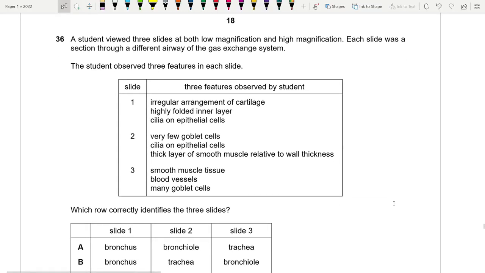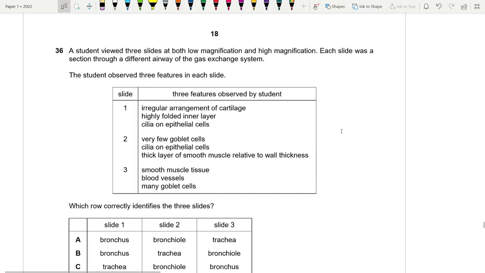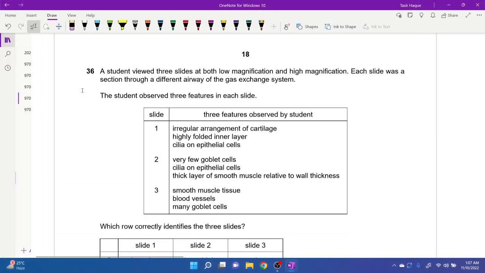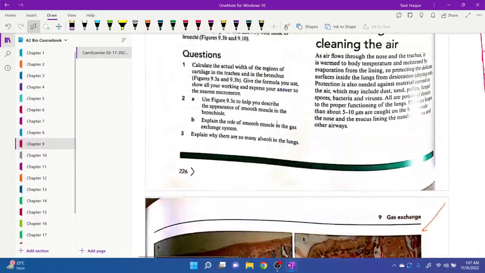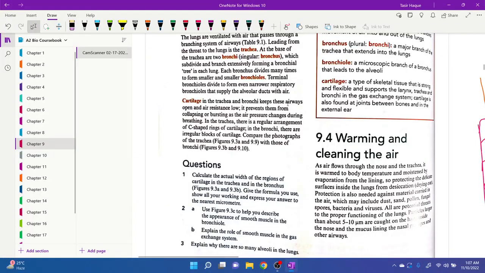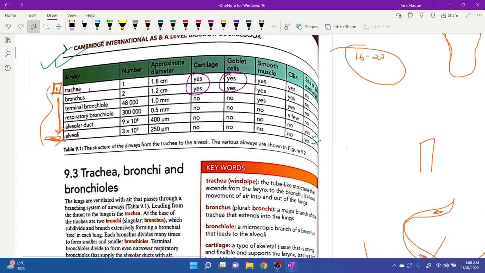Next, last 5. A student viewed 3 slides at low magnification and high. Each slide was a section through a different airway. So to do this, you can just match this table over here. We have goblet cells and cartilage only in bronchi and trachea. Nowhere else.